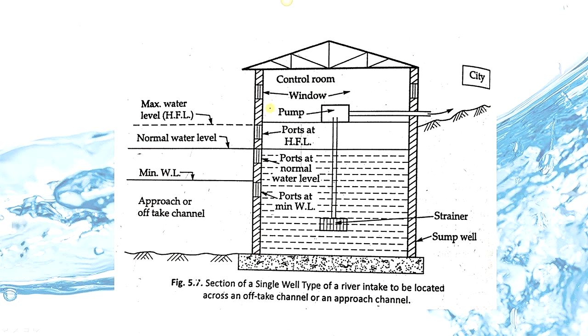Usually these wells are located in an offtake canal. Suppose this is a river flowing here and we have a weir or a dam constructed here to store the water.